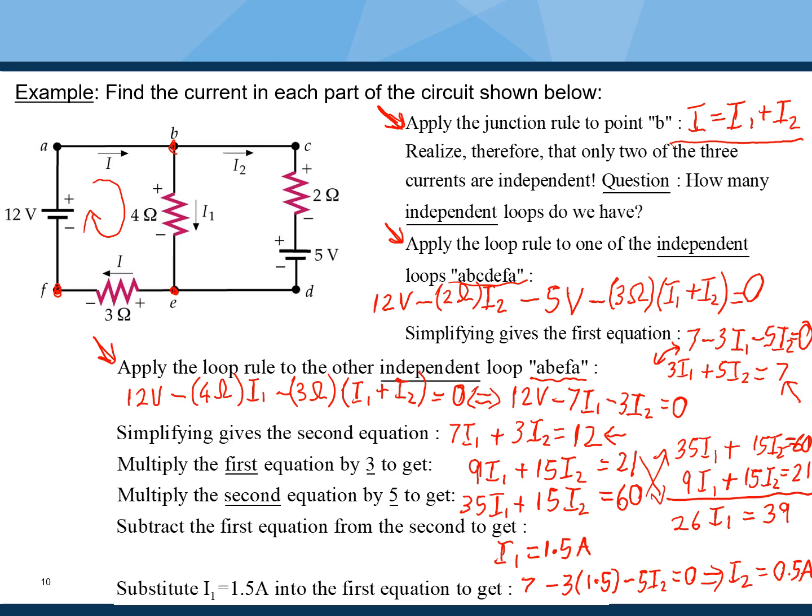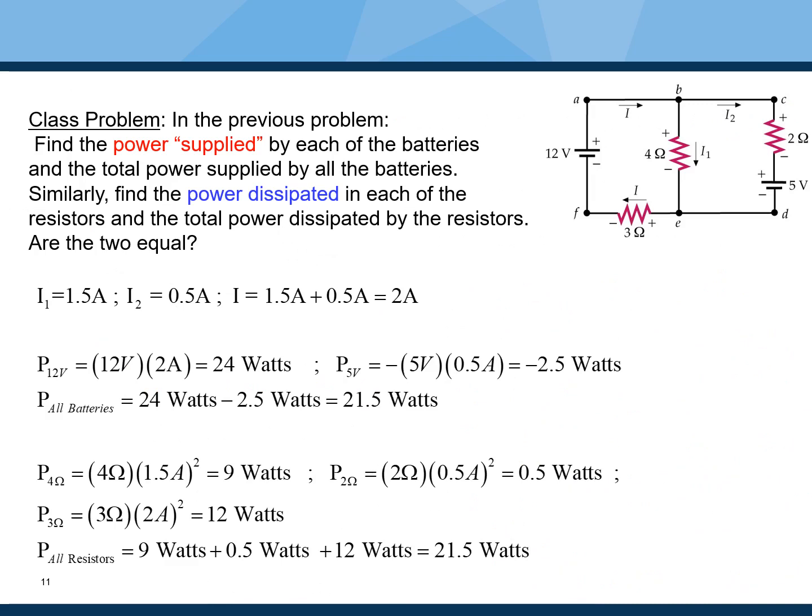And now that we have I1 and I2, we can find I, which is just the sum of I1 and I2. Let me clean up a little bit. Okay, the page flipped over because I made a small mistake.